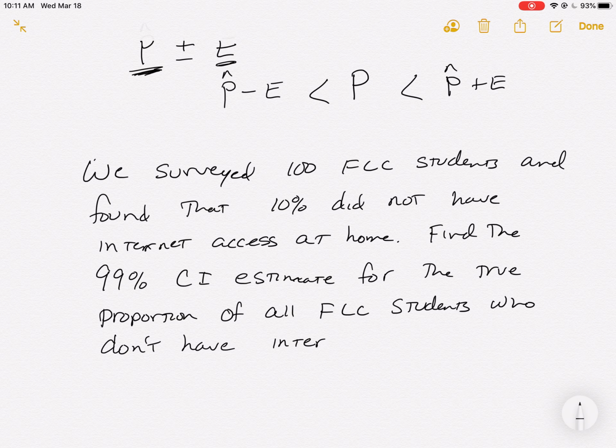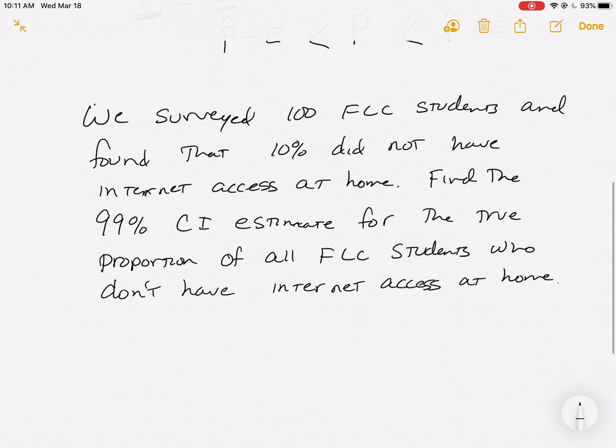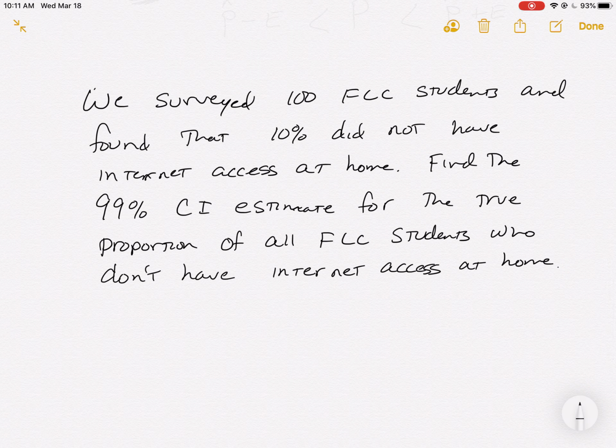That's what a typical question is going to look like. Okay. And so how do we do this? How are we going to find out that confidence interval?